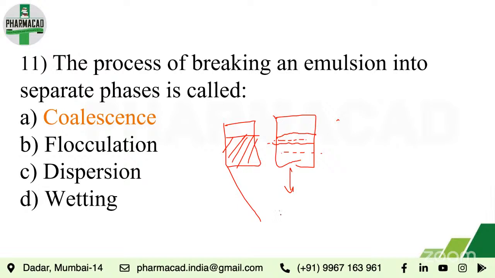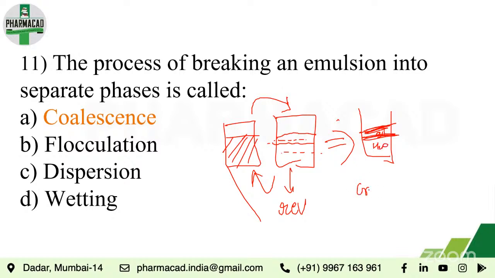Creaming. So creaming is reversible. ठीक है, यहां से तुम वापस इधर जा सकते हो. But ये अगर और बढ़ गया then it will lead to cracking of the emulsion. ये oil completely ऊपर, और water completely नीचे. This is cracking of the emulsion and this is irreversible. आप वापस उल्टा नहीं जा सकते.